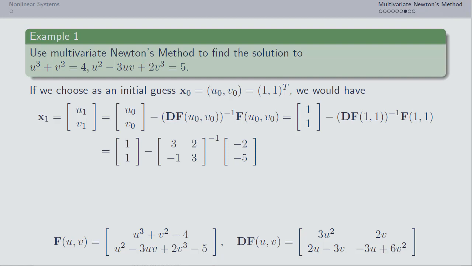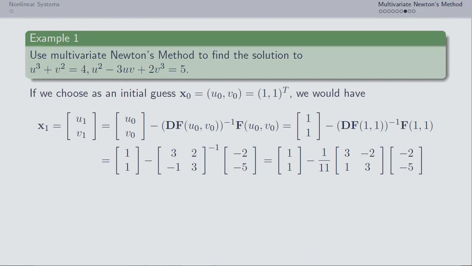When we plug 1, 1 into our function, we get negative 2, negative 5. Then we're subtracting that product from 1, 1. The inverse of 3, 2, negative 1, 3 is 3, negative 2, 1, 3 divided by 11. So u1, v1 is 1, 1 minus 1/11 times 3, negative 2, 1, 3 times negative 2, negative 5, and that becomes 7/11, 28/11.